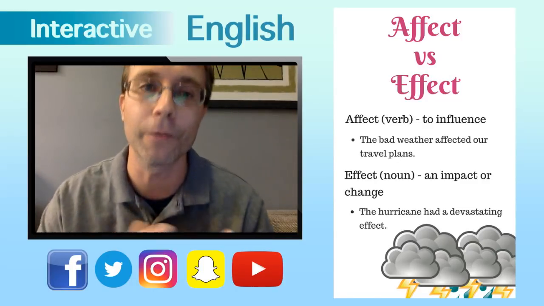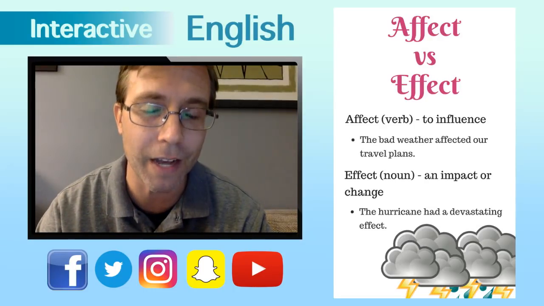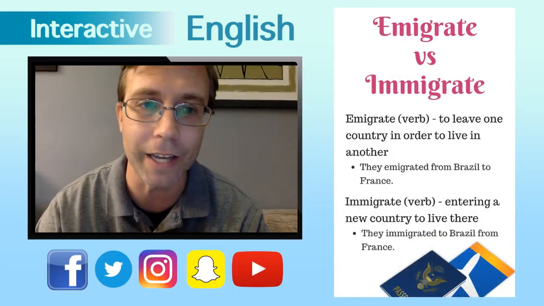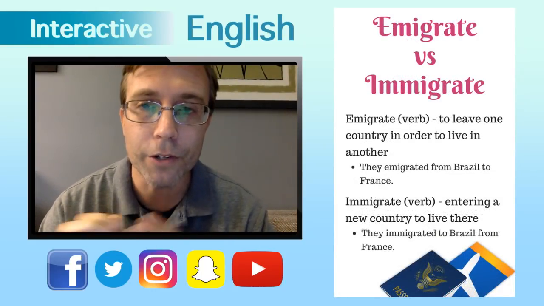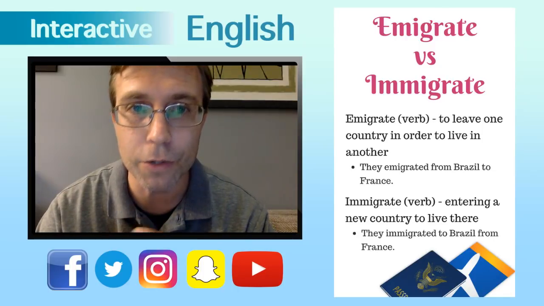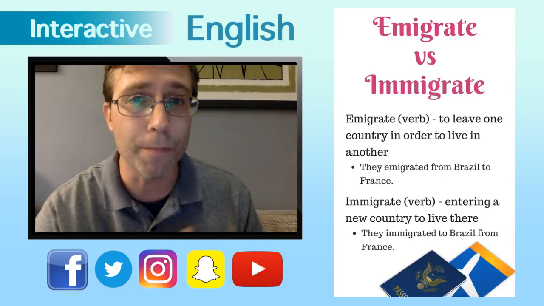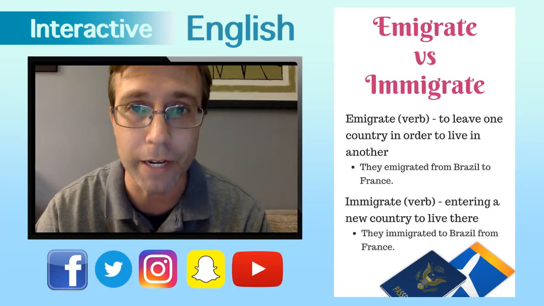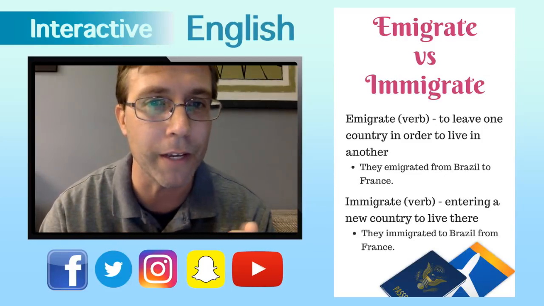Oh, this is another one. Speaking of politicians, this is a topic that's come up a lot lately, and it's frustrating to me. So these are two words, to emigrate and to immigrate. And there is a difference between them. They're both verbs, and to emigrate is when you're leaving one country in order to live in another.